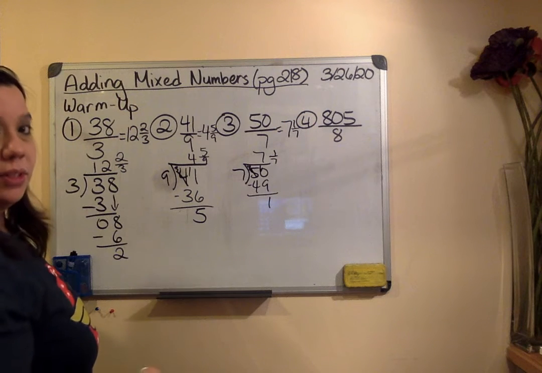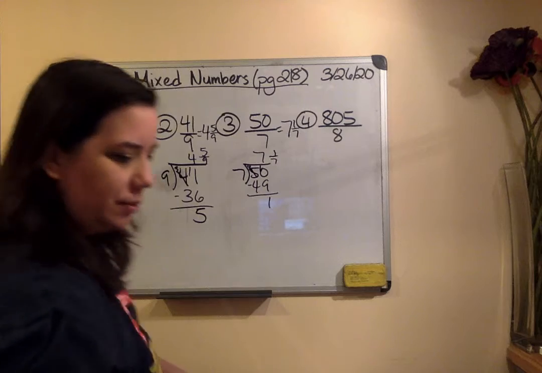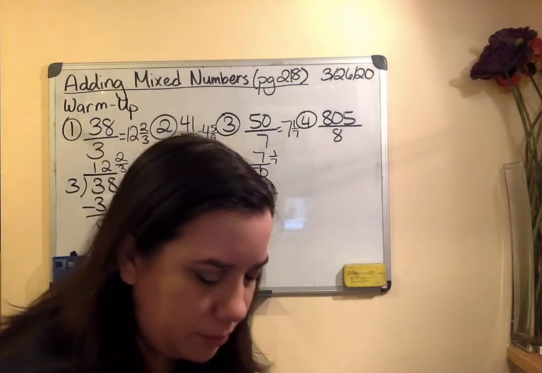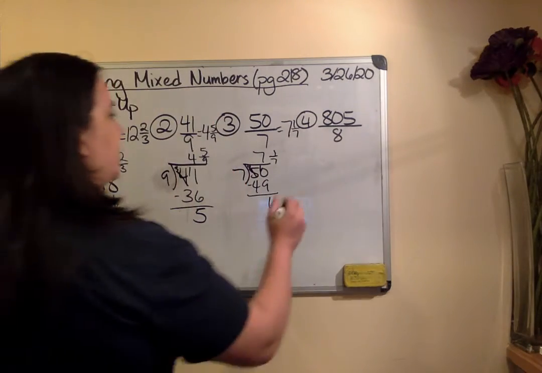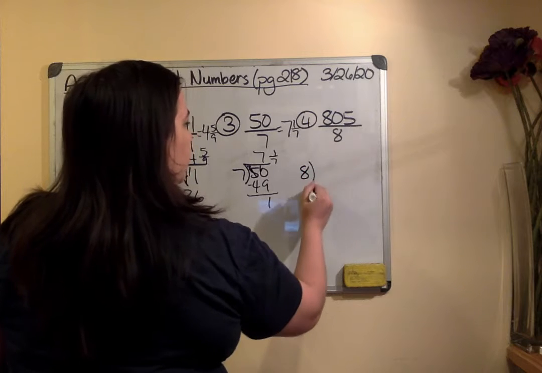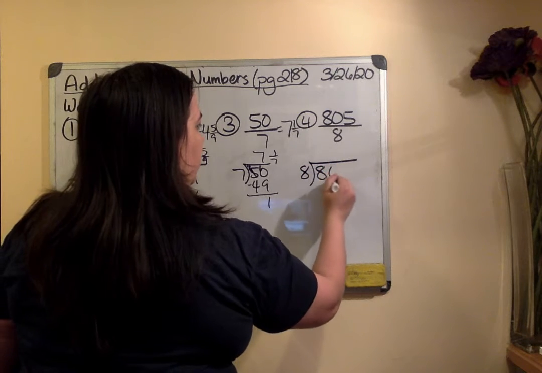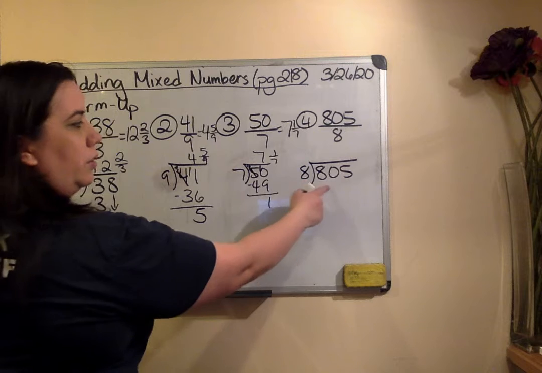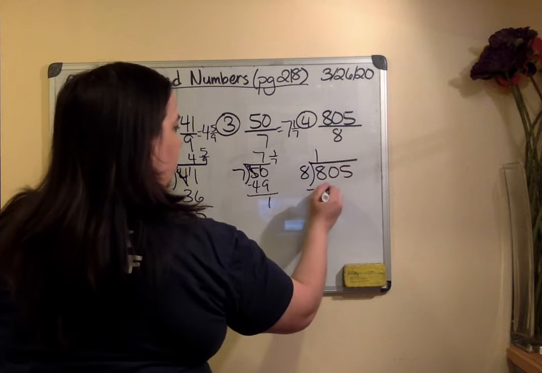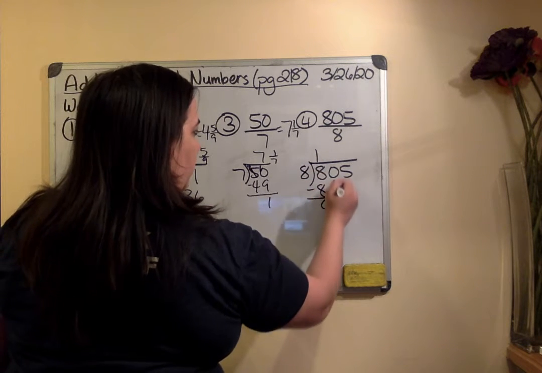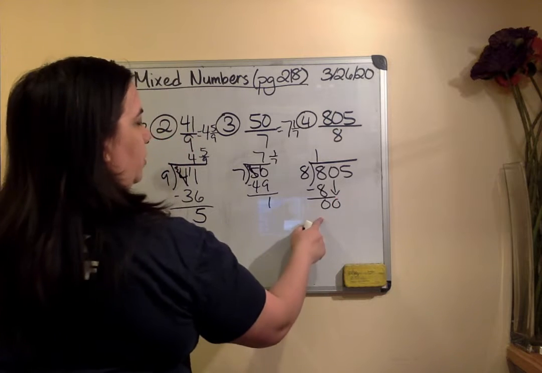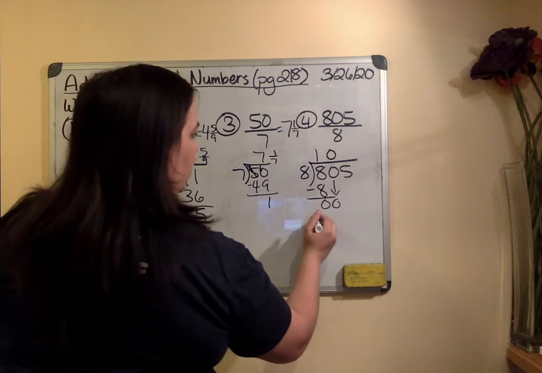And the last one, the doozy. Just move my chair here. All right, you have 8 into 805. 8 goes into 8 once. Bring down your 0. 8 goes into 0 zero times.